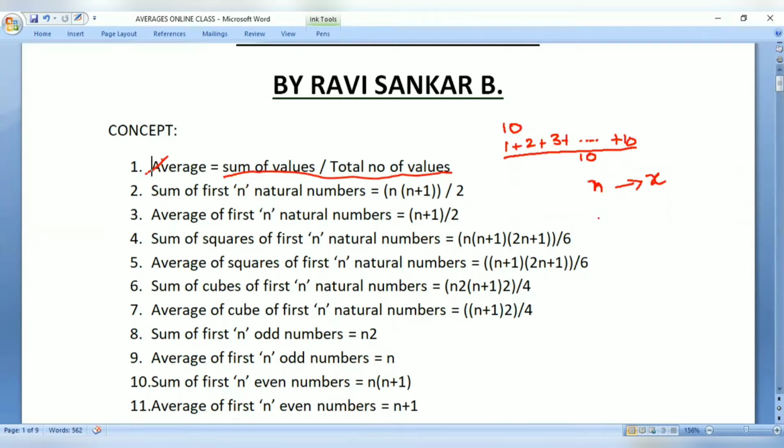Now for example, let us consider this n as a group of persons. If one more person is added, will the average be increased or decreased? Definitely the value will be increased. If you remove a particular person, definitely the average will be decreased.